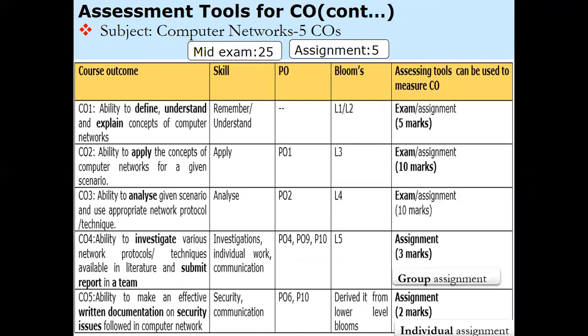For example, take this CO1. CO1, you have written based on the skill of the remember level as well as understanding level, and you are using the exam as assessment tool. I am assuming that here, with respect to this example, you have an option that you can conduct only a mid exam, and you can give the assignment. That assumption I have taken here.